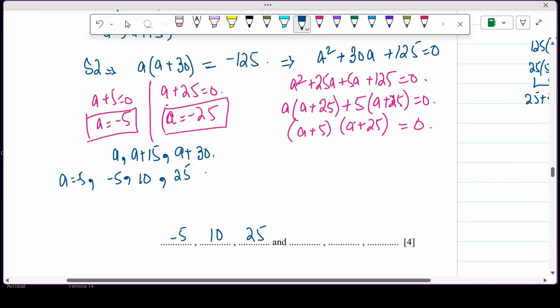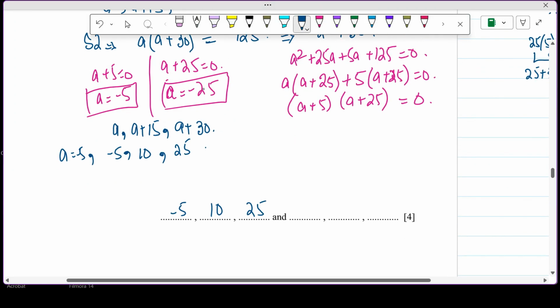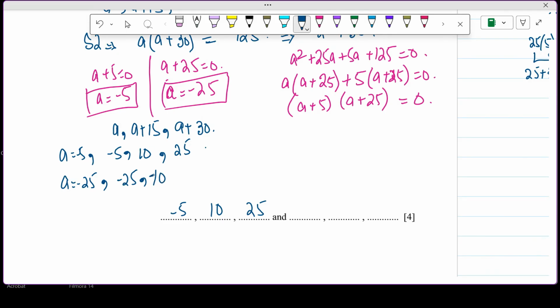Another set, when we use the value a equals negative 25, then a is negative 25. Then a + 15 means negative 25 plus 15 is negative 10. And then a + 30 means negative 25 plus 30, which is 5. So this one is negative 25, negative 10, then 5.